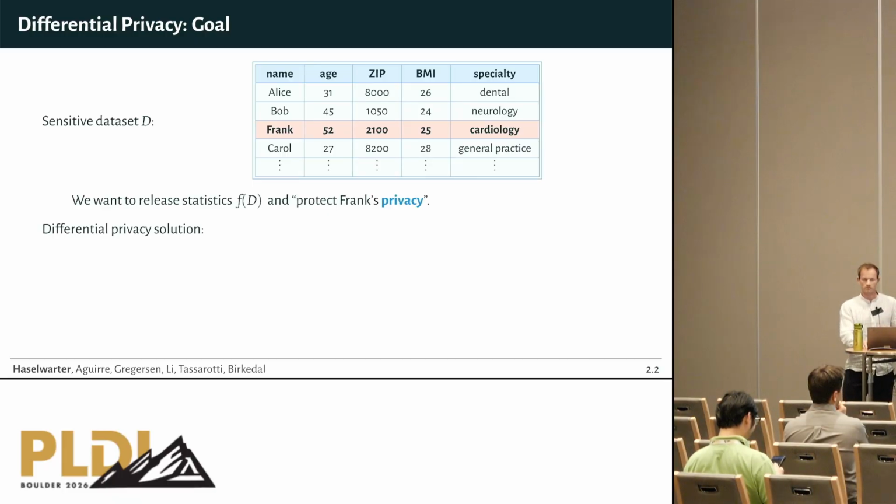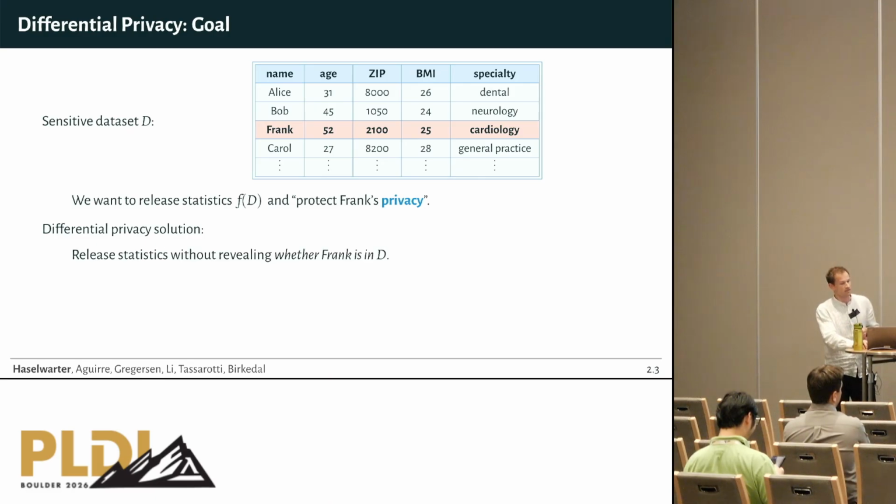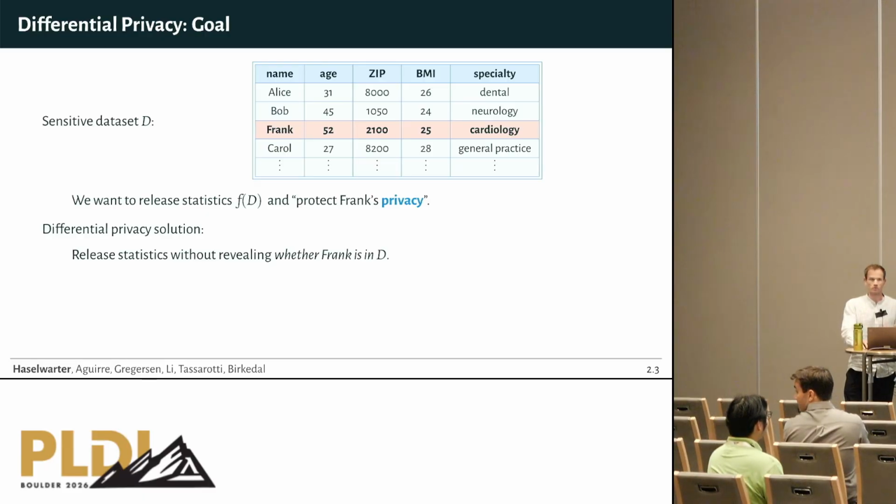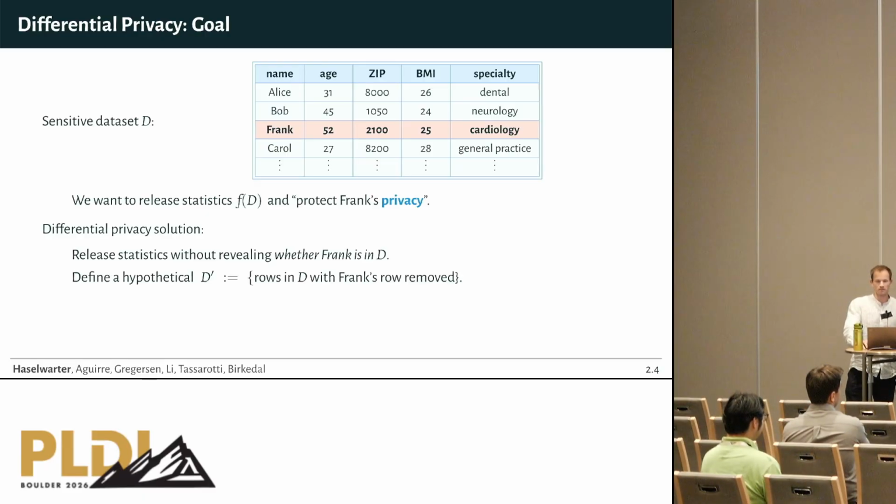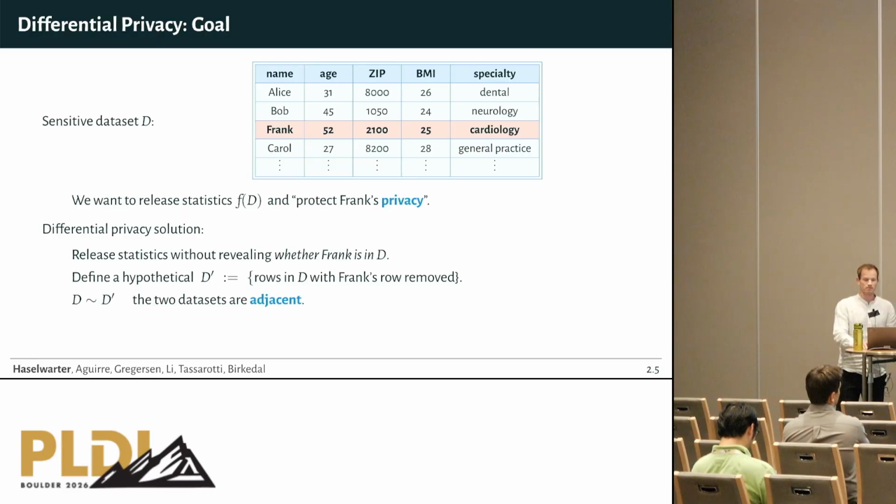And so the way that differential privacy defines what that means is that we want to be able to release the statistics without even revealing whether Frank's data was in the data set in the first place. And so we do this by defining some kind of a hypothetical data set, d prime, where we remove the row that corresponds to Frank.